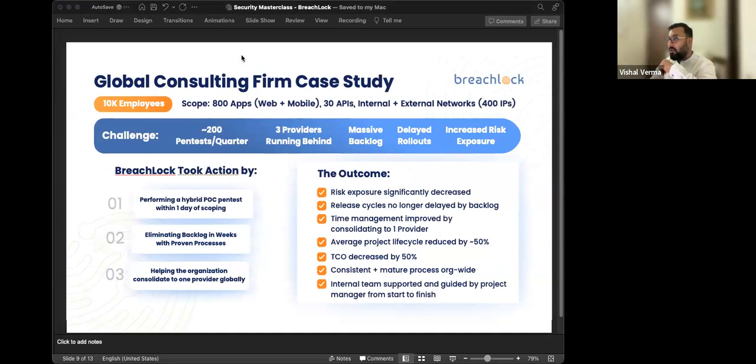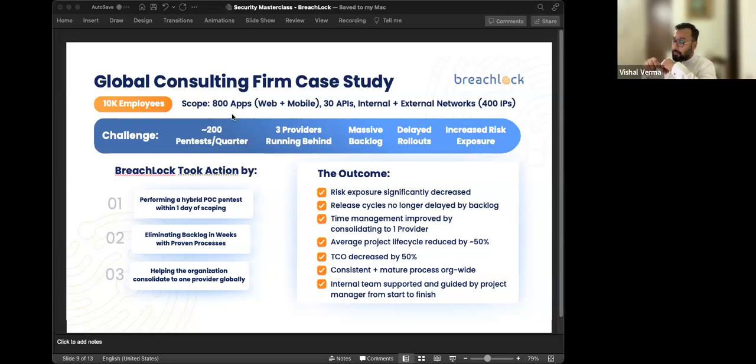As you can see, the scope was around 800 applications that included web applications and mobile, 30 API pen testing projects, and internal and external network testing of up to 400 IP addresses. So they had a huge, voluminous backlog sitting in their environment, waiting to be released, right?